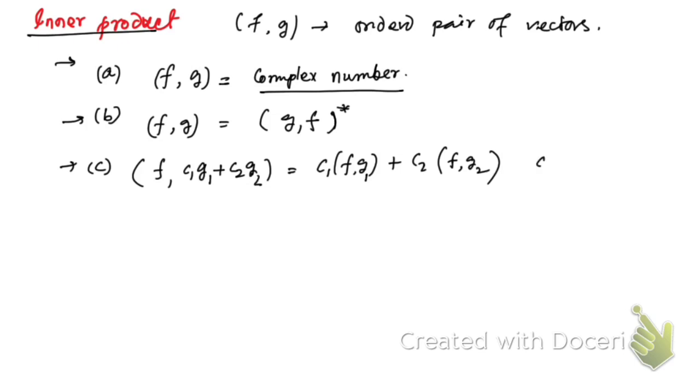So here C1 and C2 being scalars, and scalar doesn't mean that it's always going to be a real number, it may be a complex number as well. So here we are dealing with such vectors such that their inner product is a complex number. Okay, just remember that.